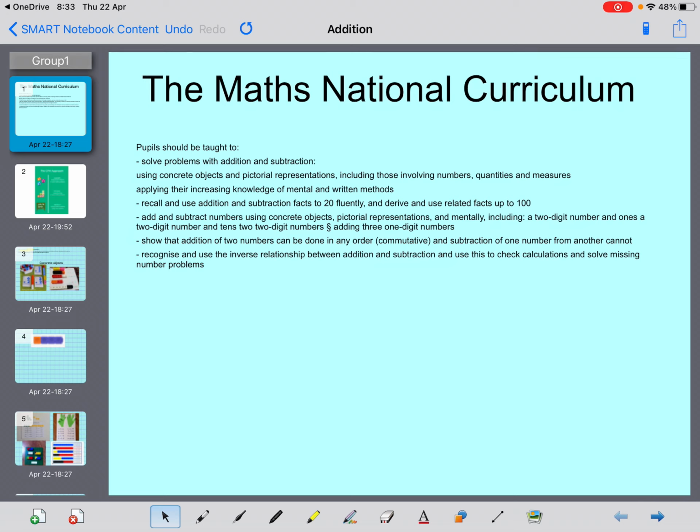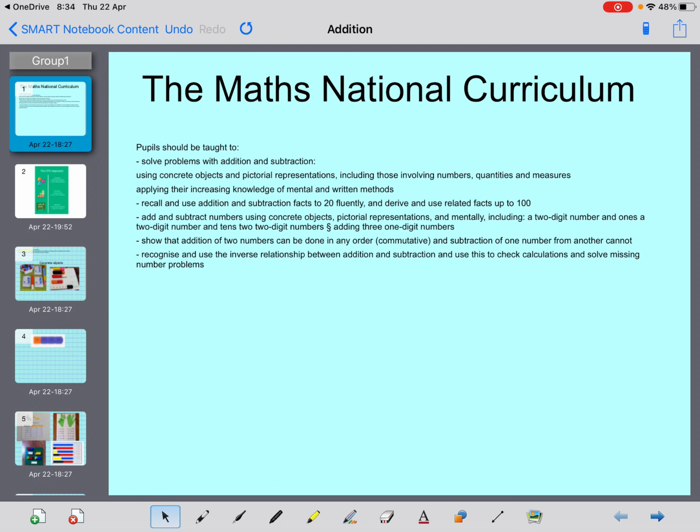Children must be able to show that addition of two numbers can be done in any order, but that subtraction cannot. And lastly, they must be able to recognise and use the inverse relationship between addition and subtraction and use this to check calculation, as well as solve missing number problems.